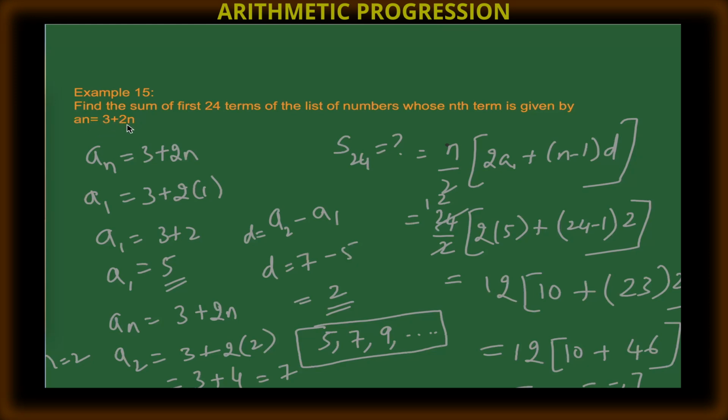So we replace n, which is nothing but the position of the element. If you replace n with 1, the first position, we got a1, then subsequently a2, and from a2 minus a1 we got the difference d. With this we could identify the unknown variables, replace them, and finally get the sum of the 24 terms. Hope this is clear. So let's move on to the next question.